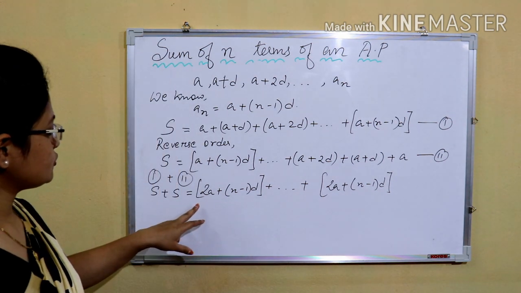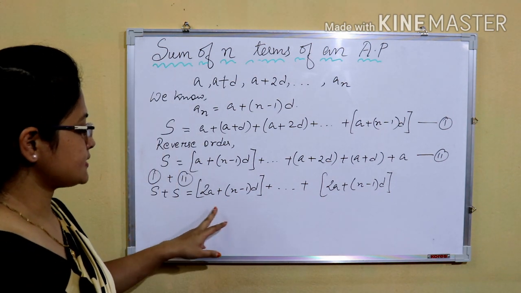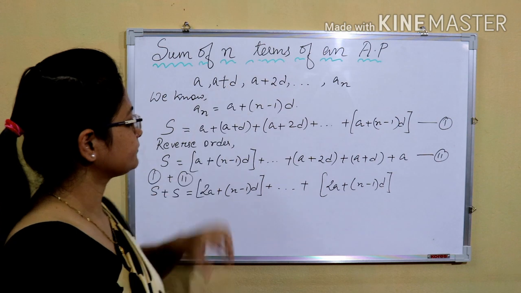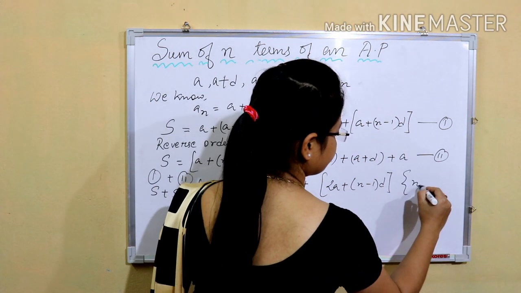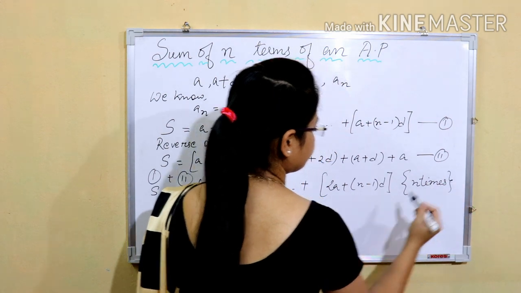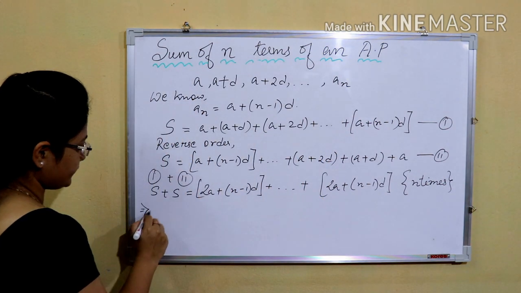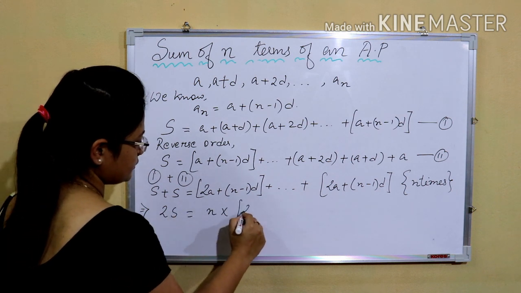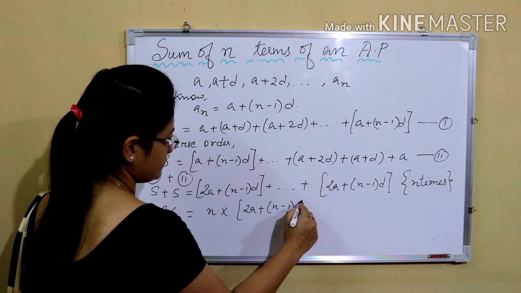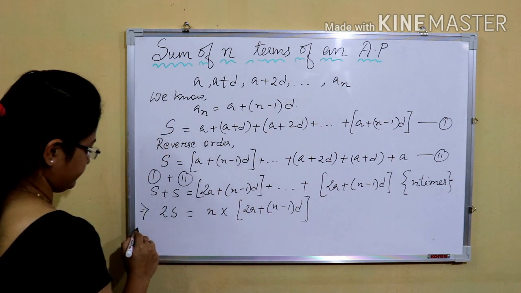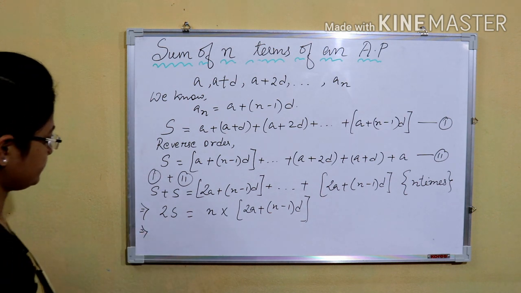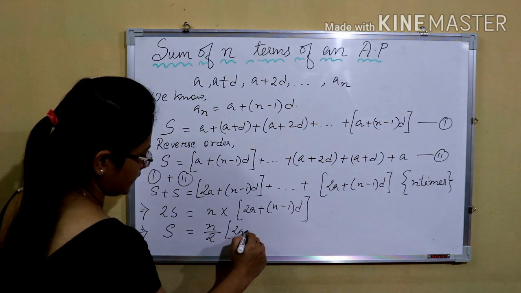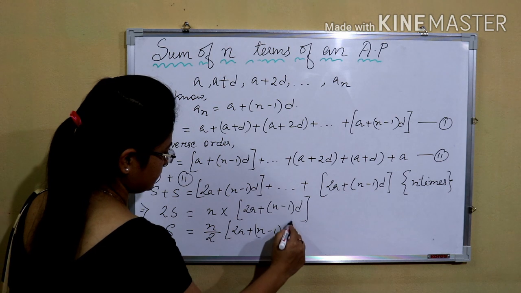So this 2a plus n minus 1 d is repeated n times. So S plus S gives 2S is n into 2a plus n minus 1 d. So S is equal to n by 2, 2a plus n minus 1 d.